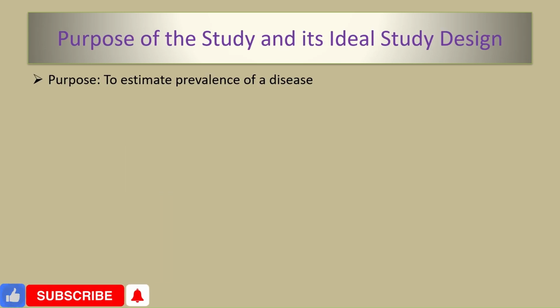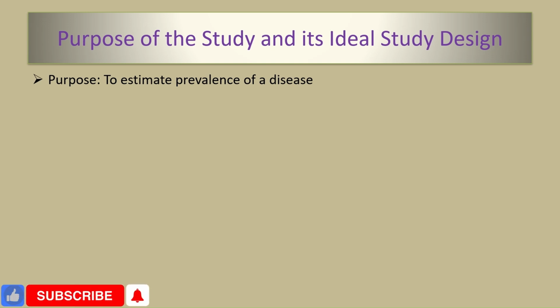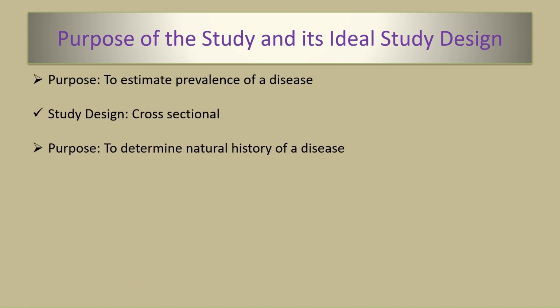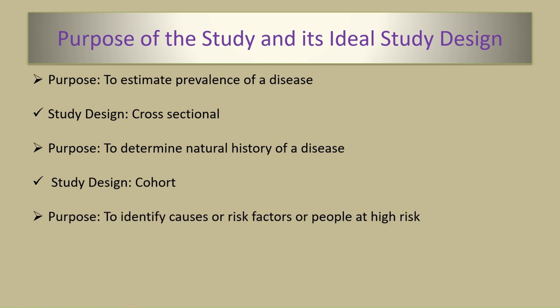The purpose of the study and its ideal study design. The first purpose is to estimate the prevalence of disease. The design is cross-sectional. The second purpose, to determine the natural history of a disease: cohort design is the best for this purpose.